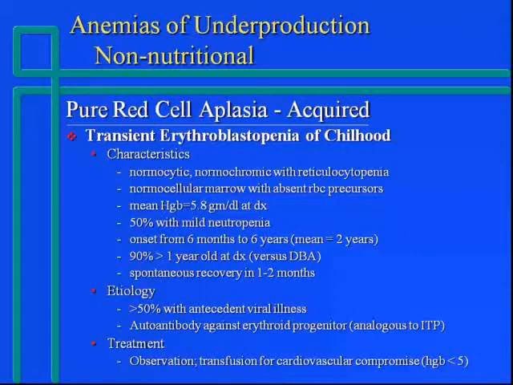This can be identified in at least half of the cases and is thought to be related to autoantibody against an erythroid progenitor. And I think of this condition as analogous to ITP, but affecting the red blood cell line rather than the platelet line. Often these patients can just be observed. If they have cardiovascular compromise in the setting of severe anemia, often defined as a hemoglobin lower than 5, they may require transfusion until they recover on their own.